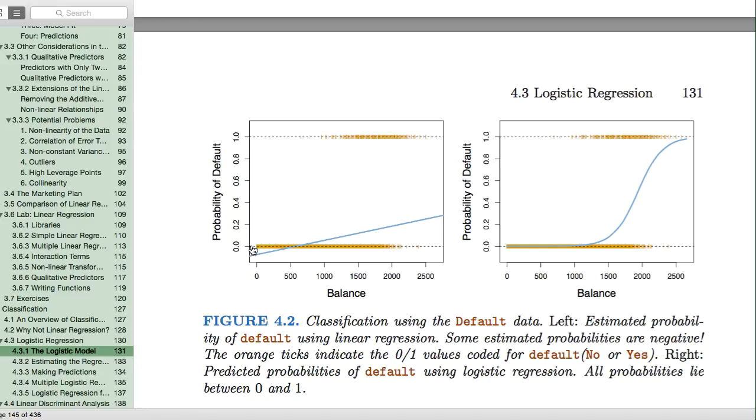So that doesn't make any sense. Now there are other models that relax the restrictions of probability, but if we want to use probability, we need a model that has its output trapped between 0 and 1, because all probabilities fall between 0 and 1. There's no such thing as an event that more than happens or less than happens.